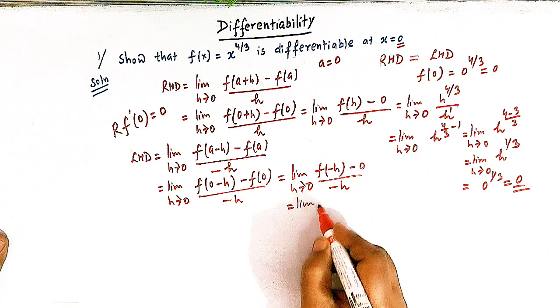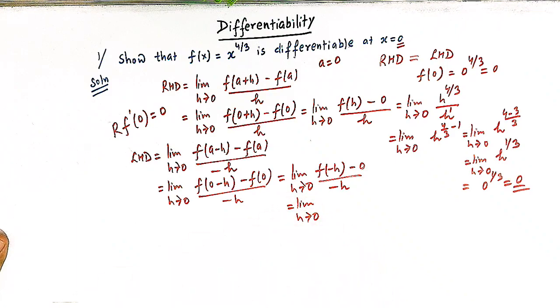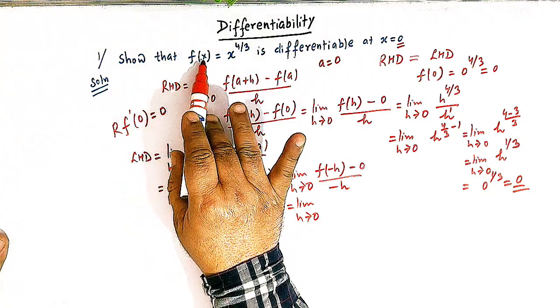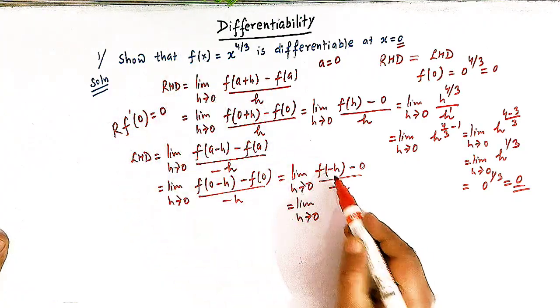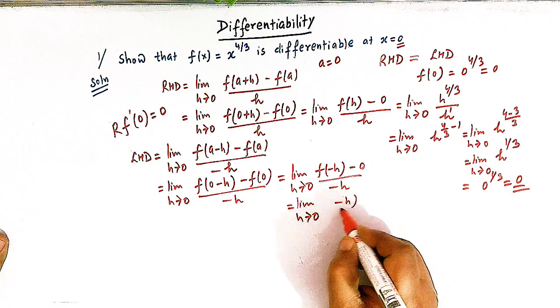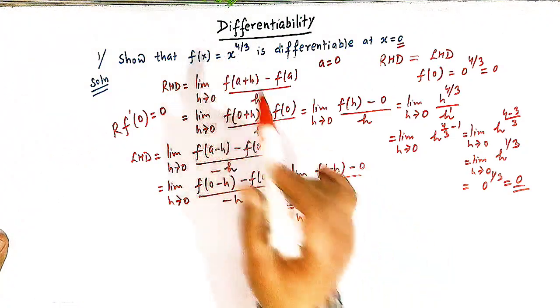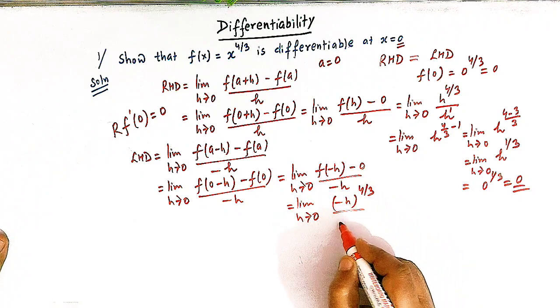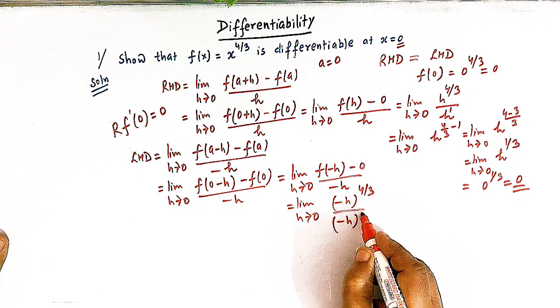Now we have limit h tends to 0. f of minus h can be obtained by replacing x by minus h. So we have minus h raised to 4 over 3, and in the denominator we have minus h raised to 1.